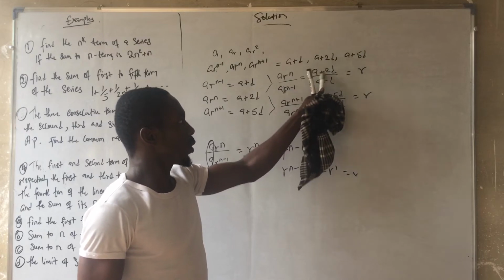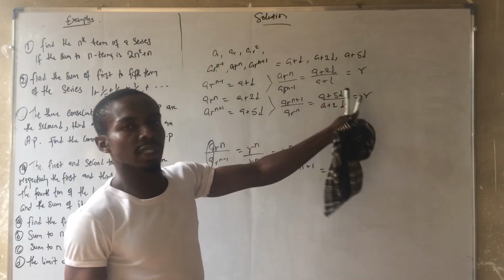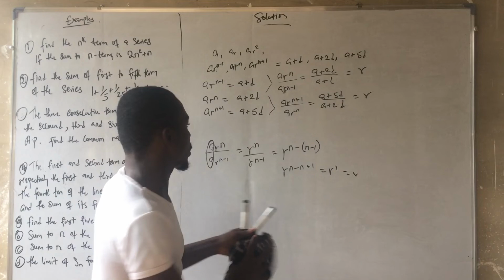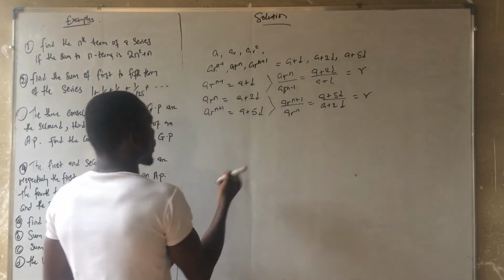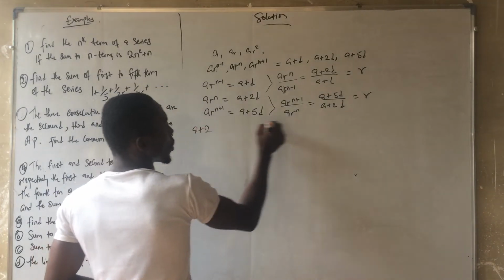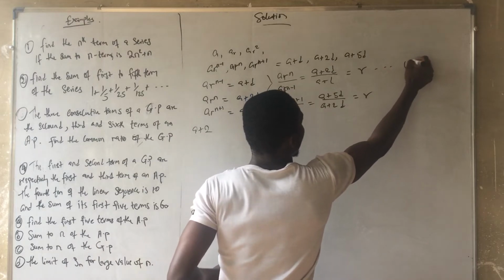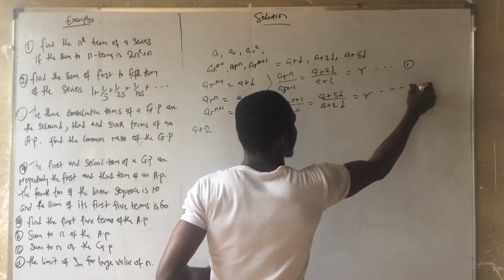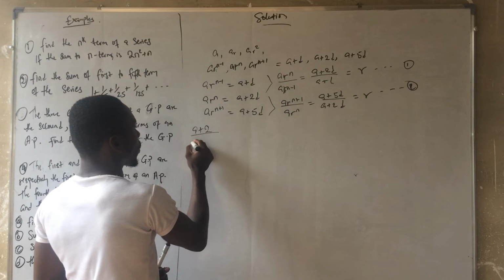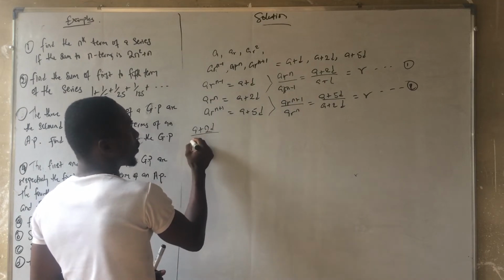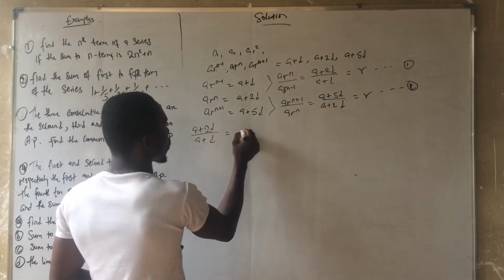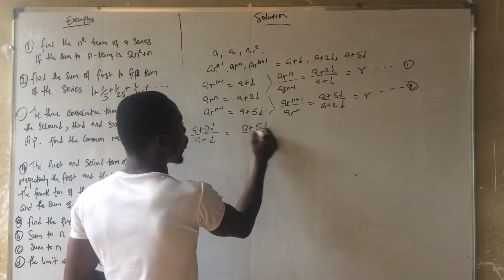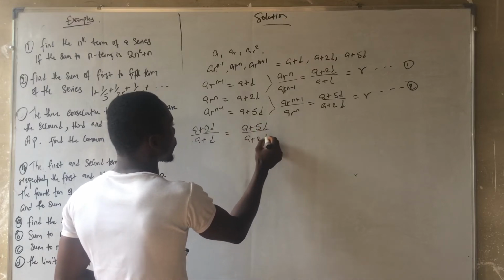Since both of them are equal to r, instead of equating them to r again, we equate this one to this. We call this equation 1 and this equation 2. So (a + 2d) over (a + d) is equal to (a + 5d) over (a + 2d).